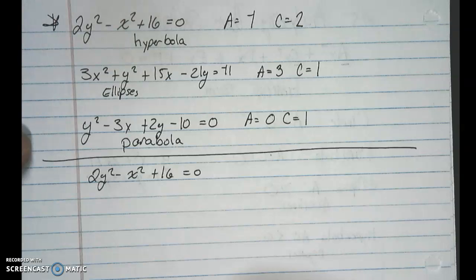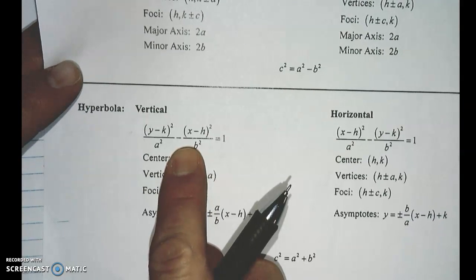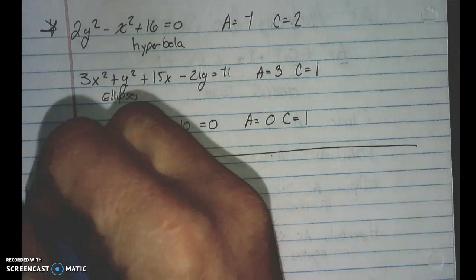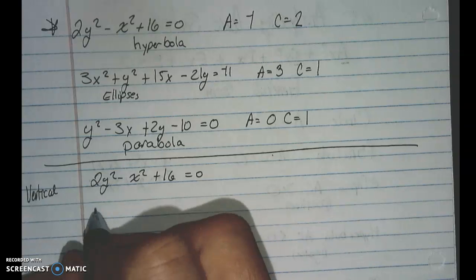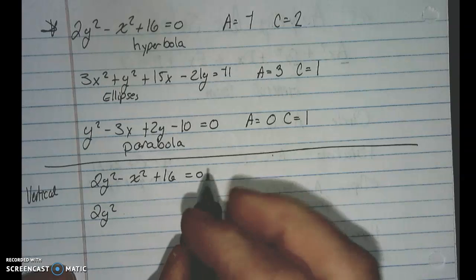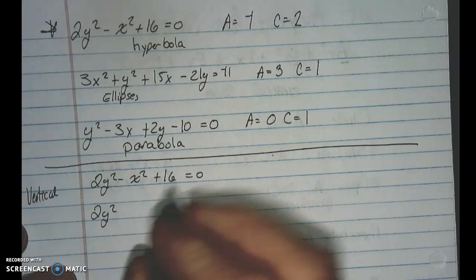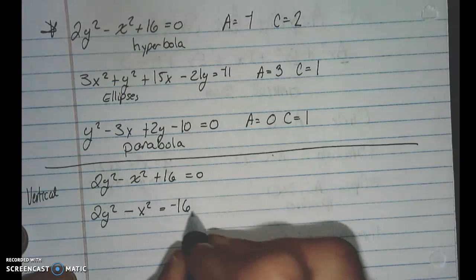Now, if you look on your paper, you see that x is going to be negative, so we're thinking this is going to be vertical. So the first thing I'm going to do is take 2y squared, and the 16 I'm going to subtract over, right?